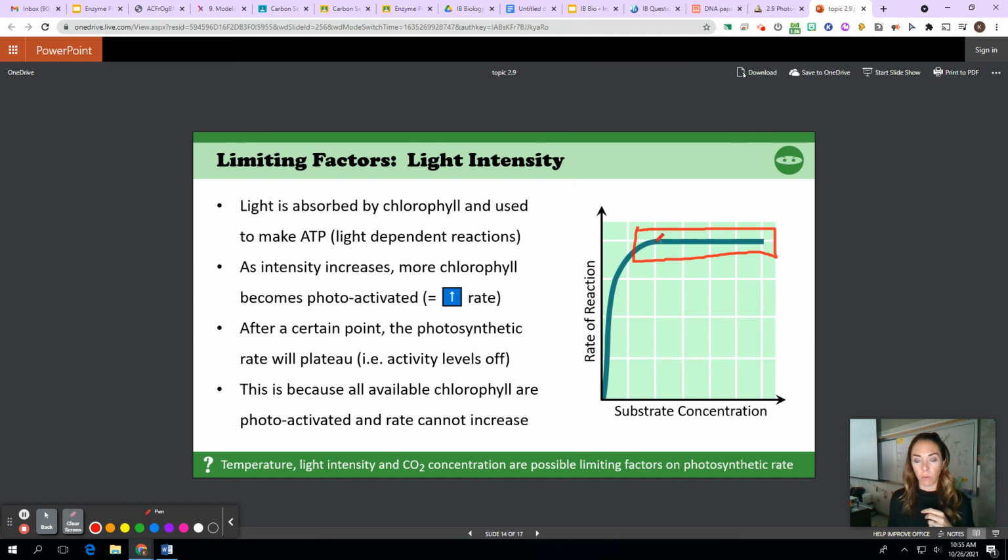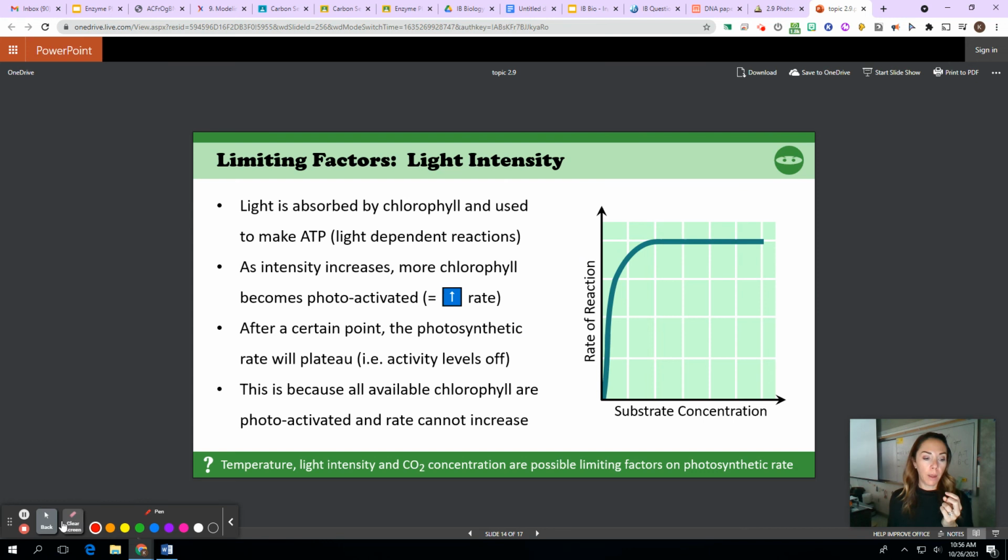So I'm looking at the rate of reaction. Going back through here, the light is absorbed. As the intensity increases, I have more chlorophyll working, but at a certain point, all of the chlorophyll are working. So I'm not going to get that happening any faster because everything that's possibly working is already working.